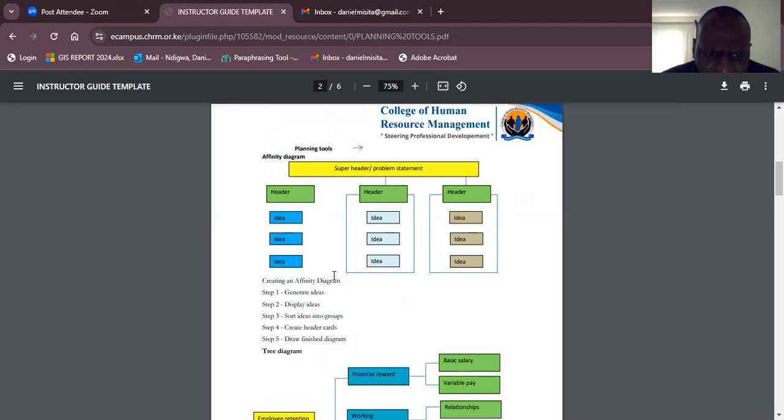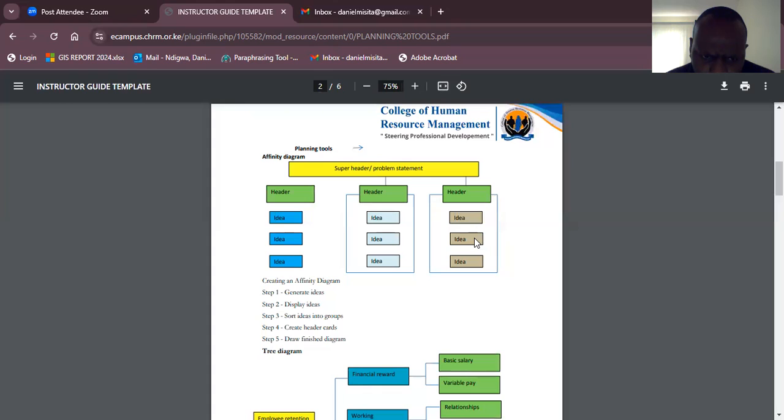So creating an affinity diagram, number one is to generate an idea. You need to have an idea in mind. So once you have the idea, then you can display the idea. And as you can see, we have the header one, idea, idea, idea. You also have other headers where we have different ideas. So once you display those ideas, you can sort the ideas into groups so that you can easily compare those ideas.